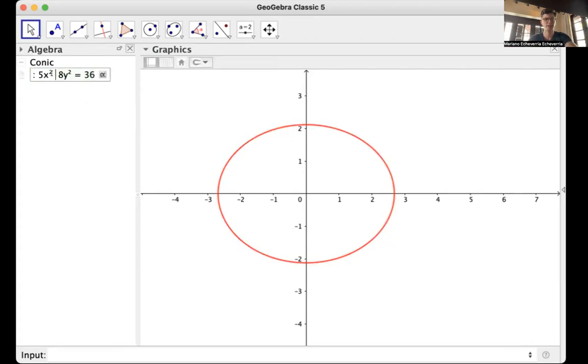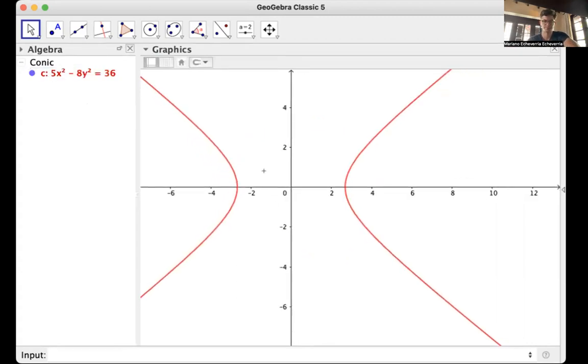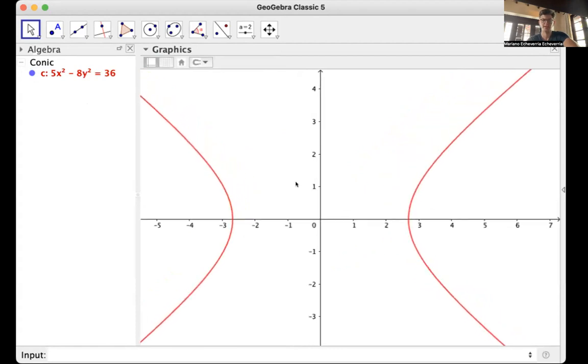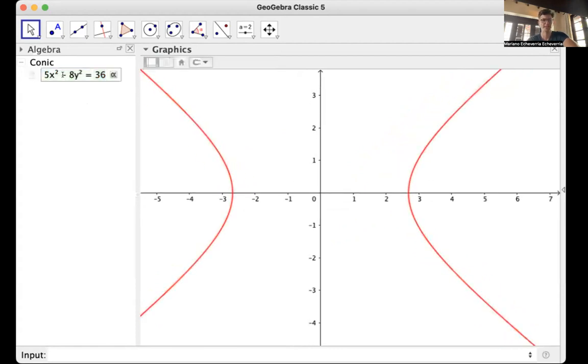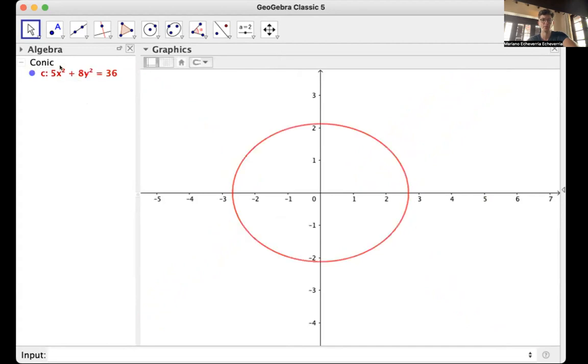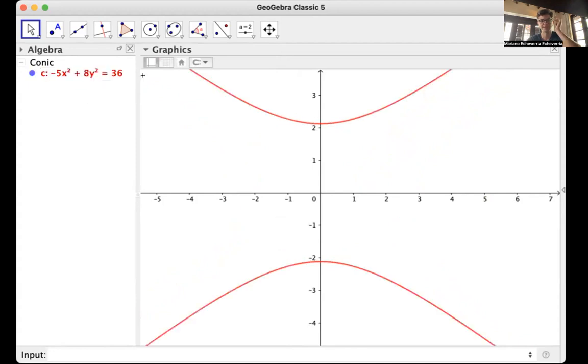And something like this could be a hyperbola. The difference here is that for the ellipse, both variables have the same sign, and for the hyperbola they have opposite signs, meaning that one is positive and the other has a negative coefficient.